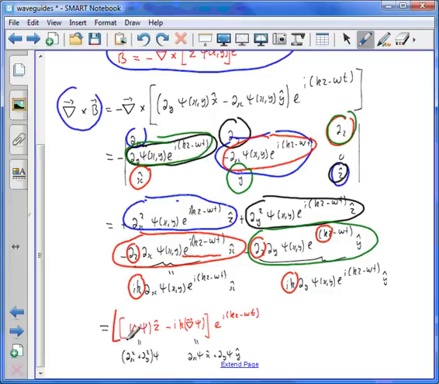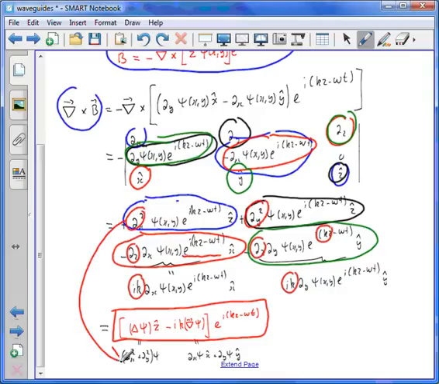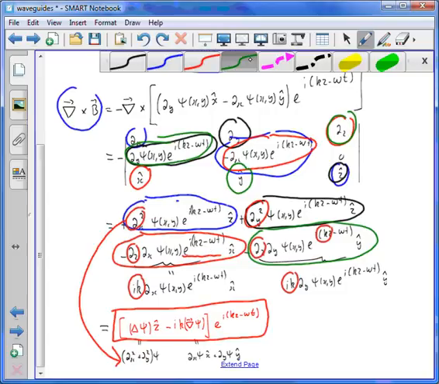So this can be written as basically the Laplacian of psi, which is the double derivative in x, which is here, plus the derivative in y, which is this one here, multiplying psi. And then we have the other term in k x here.